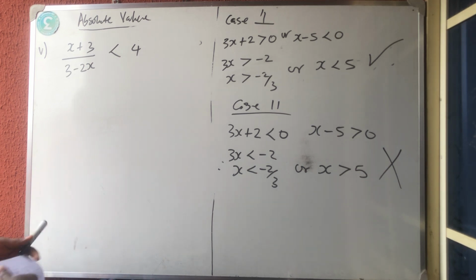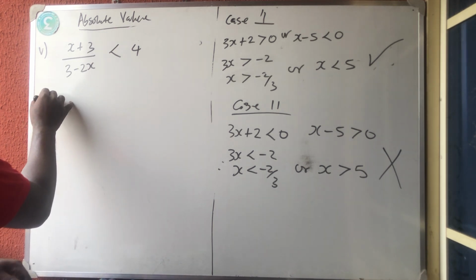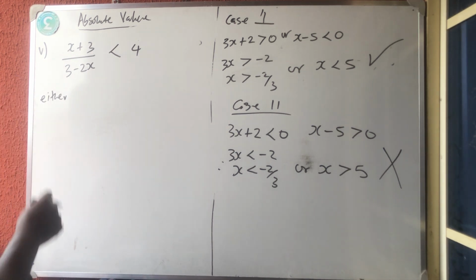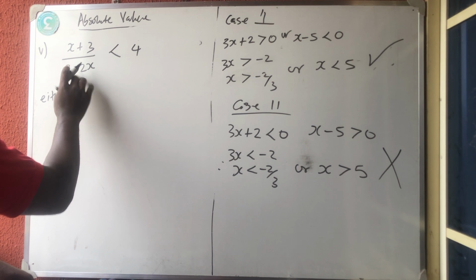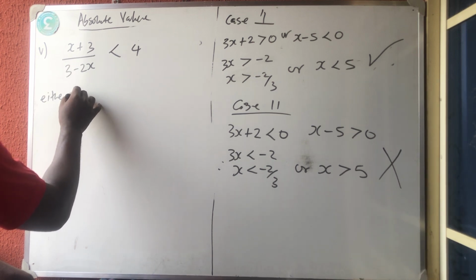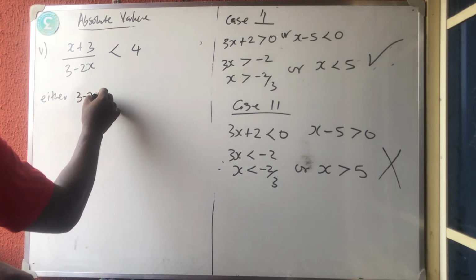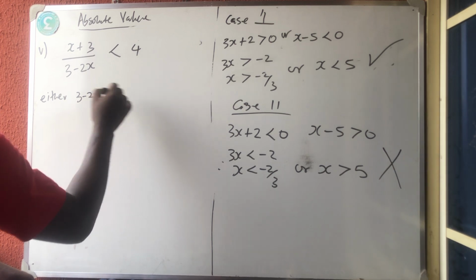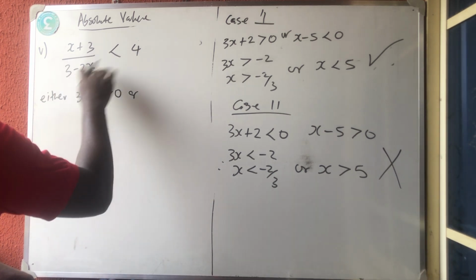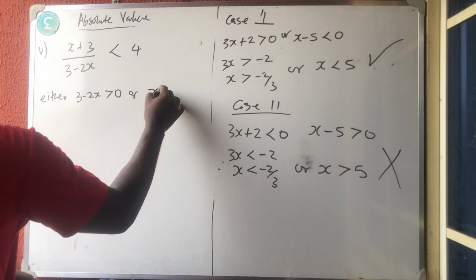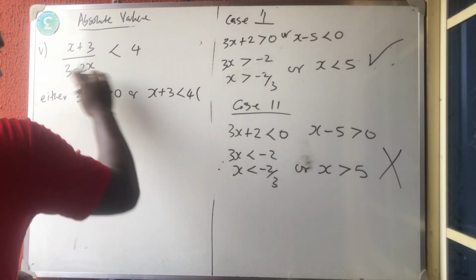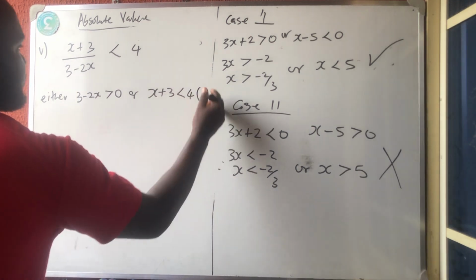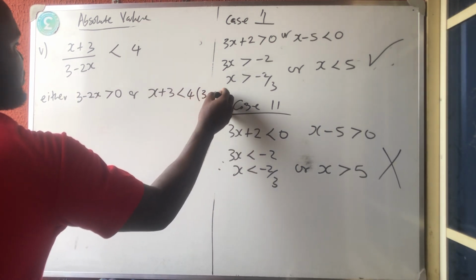In this case, either the denominator, which is 3 minus 2x, is positive, or we say that x plus 3 is less than 4 bracket cross multiply 3 minus 2x.